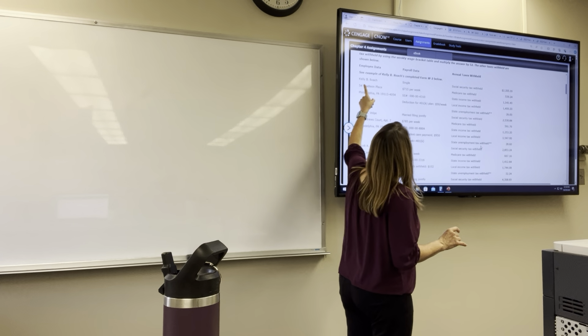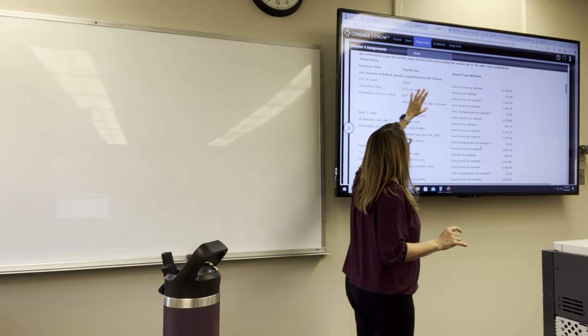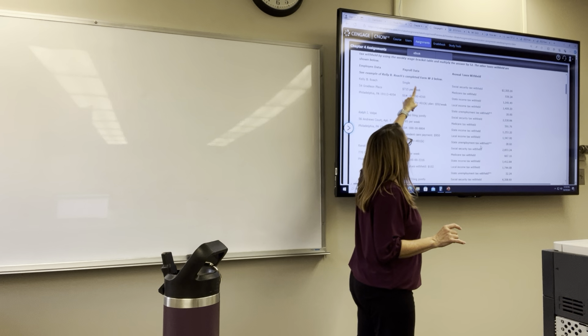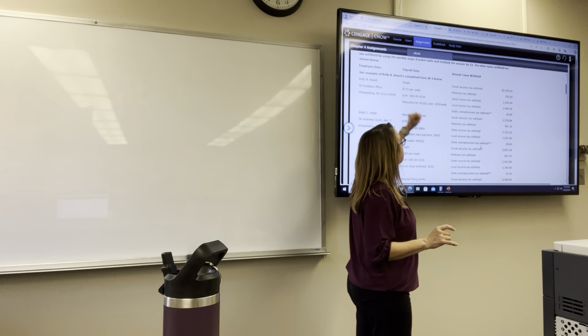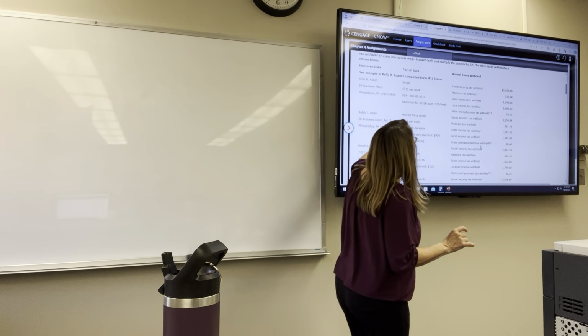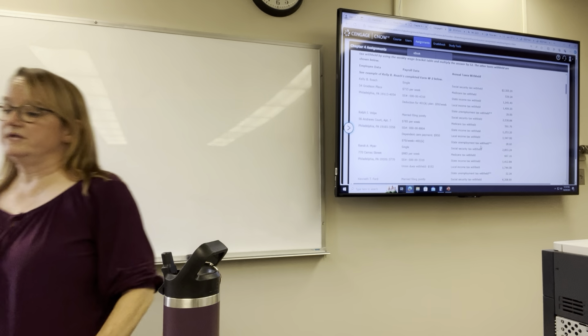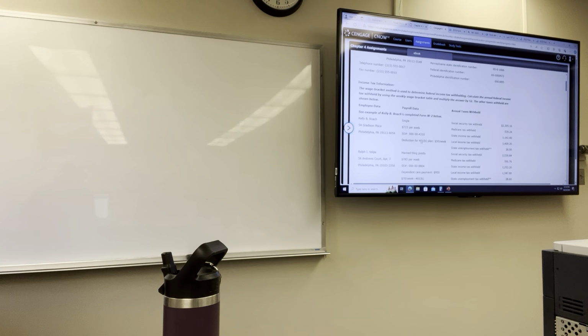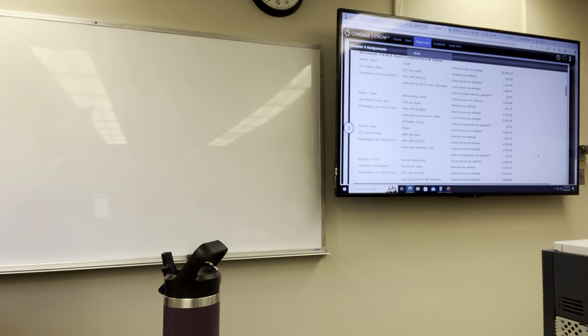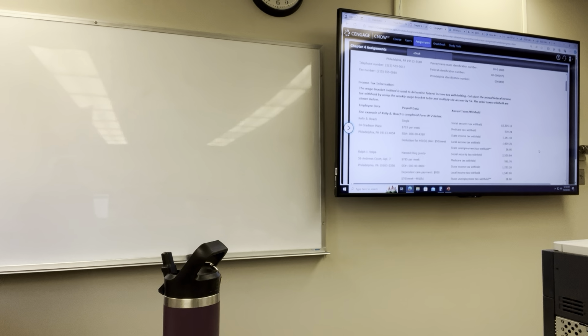So for example, we've got Kelly Roach, single filing status, makes $715 per week. I think they mentioned earlier this is a weekly pay. Oh, per week, yeah. I think everybody's per week. All right, $715 per week.